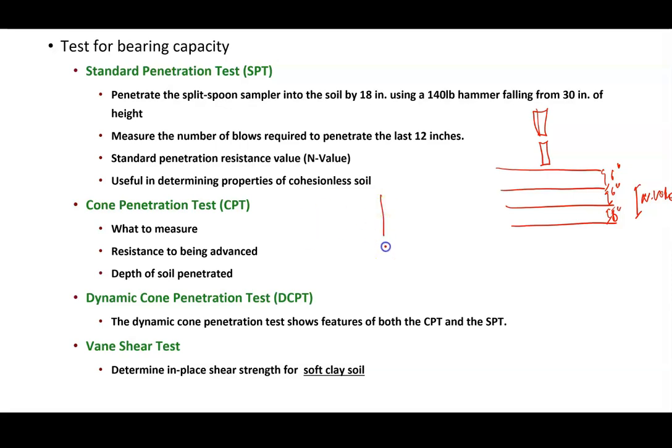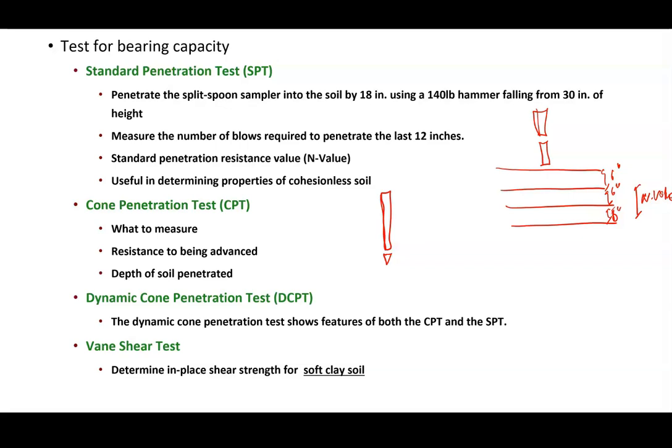The other one was CPT, which is a rod that has a cone at the tip, and then that rod is pushed into the soil continuously, and it measures resistance at the tip and skin friction resistance. Then we also talked about dynamic cone penetration, which is a handheld device.